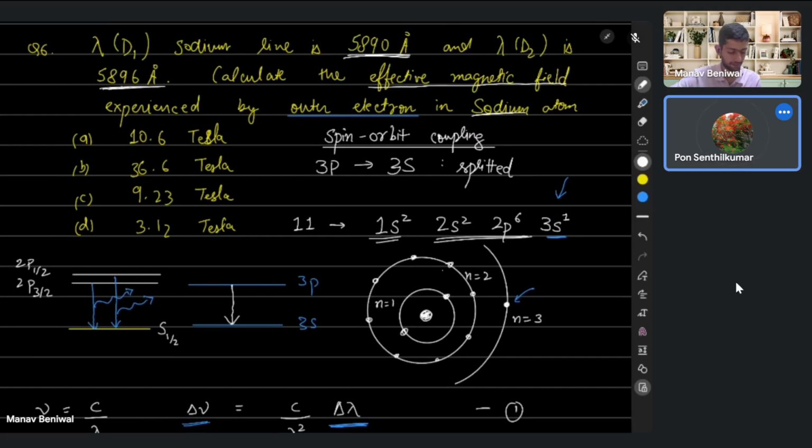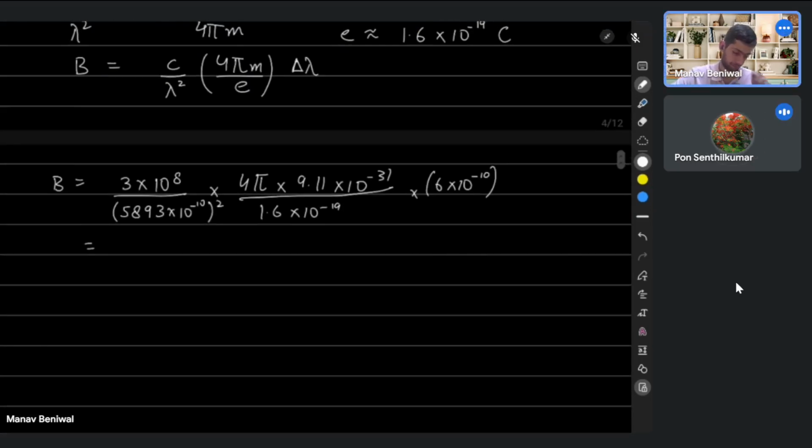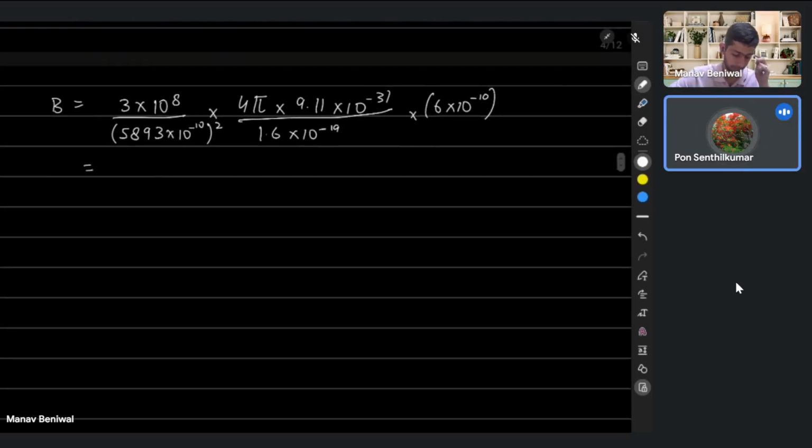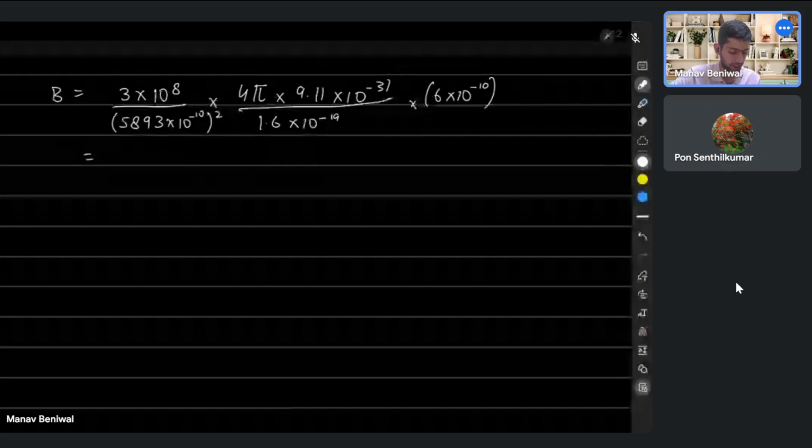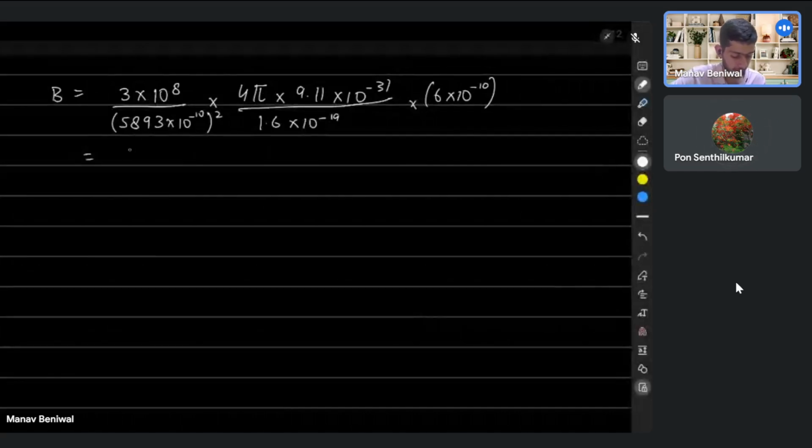Okay, let's do it together. So let's first take the powers to one side and the numbers to the other side. I'll multiply 3 with 4, so this will become 12 pi. And let's take this to be simply 9, approximately.